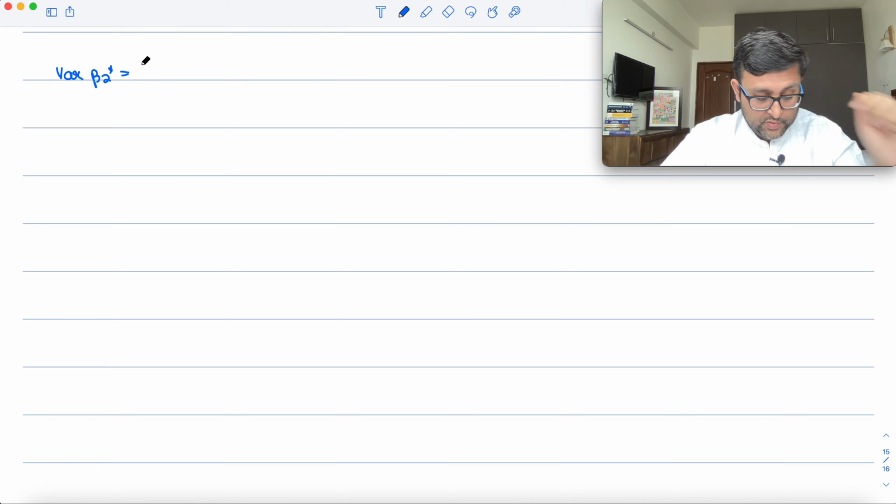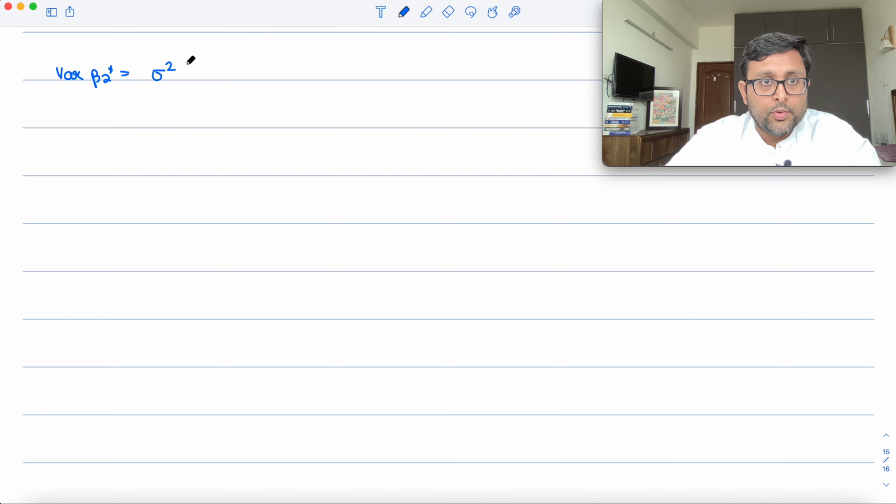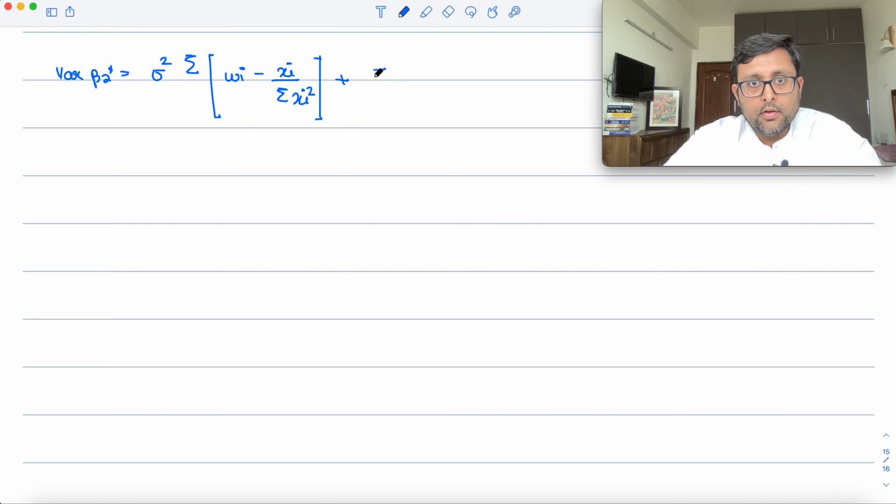So the variance of beta 2 star is sigma square summation of (wi minus small xi upon summation of small xi square) whole square, plus sigma square summation of small xi square upon summation of small xi square whole square.